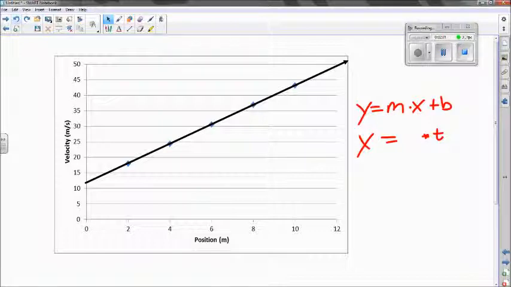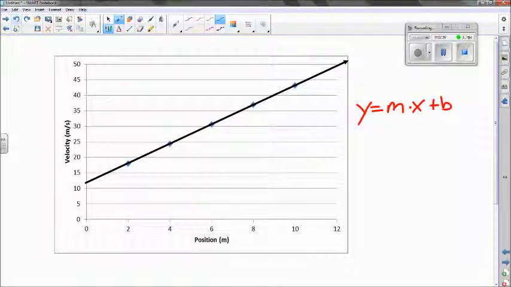The only way we would have x right here is if this was position on this axis, but it's not. In this case, this is a velocity versus position graph. So you really need to learn how to build these equations from the graph that you have and not just memorize what's going on.